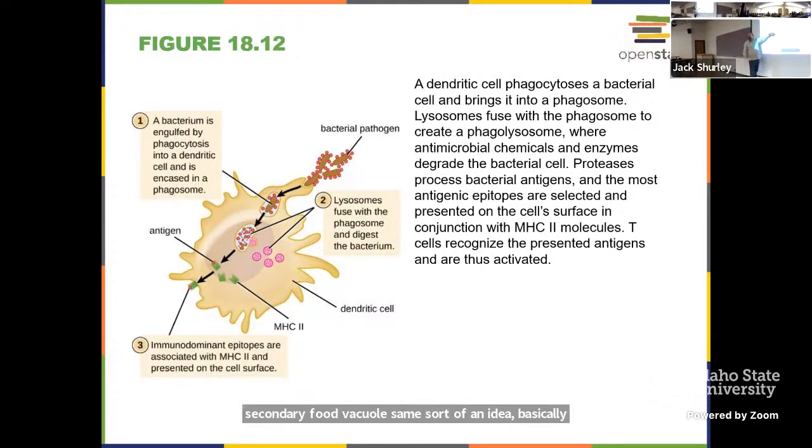The lysosomes, as we have described before, have the potential for all sorts of digestive enzymes, substances that are going to truly do a number on whatever it is we've pulled in, degrading it, and then lending to all sorts of different potentials within that cell.